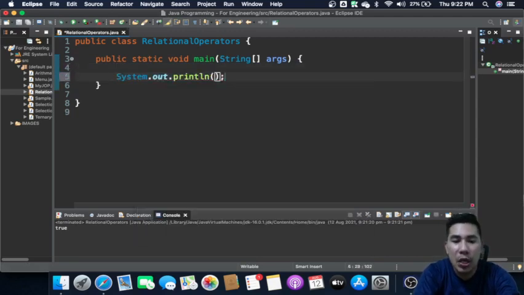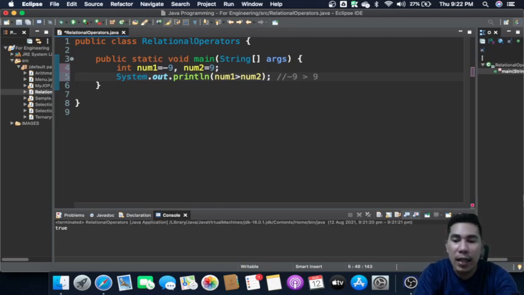Say we have int num1 equals to 9, and then num2 here equals to -9. So if you are going to compare num1 greater than num2, basically, the value of num1 is -9, and you compare it to +9.